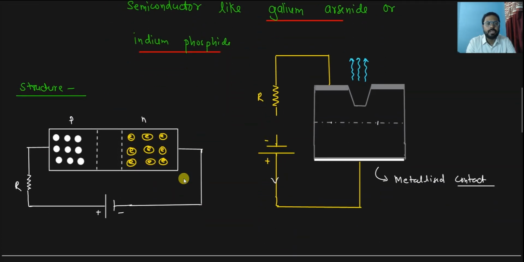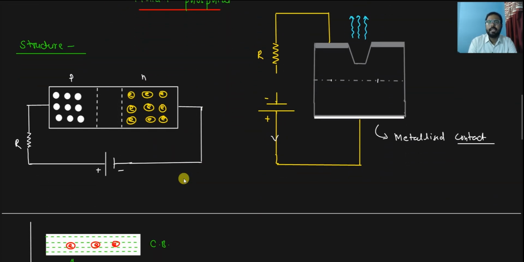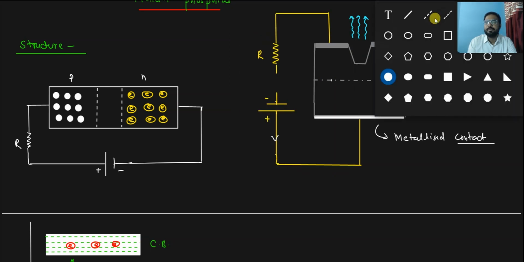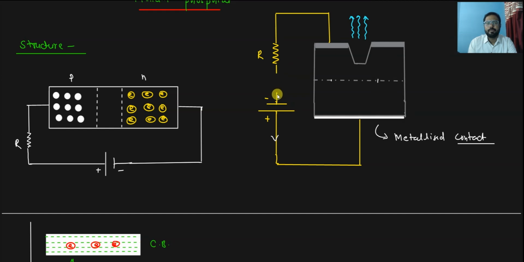Now when we talk about the structure of an LED, let me complete this diagram. This is a general diagram of LED. This is P-type semiconductor, and this is N-type semiconductor.